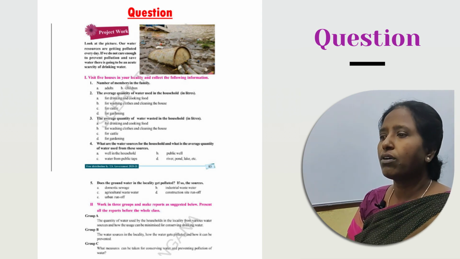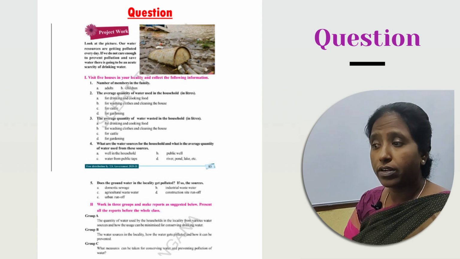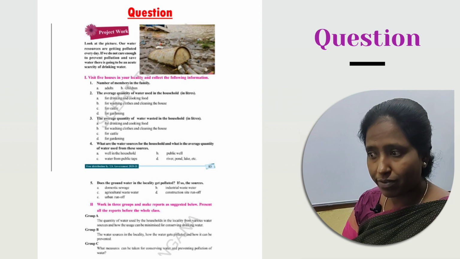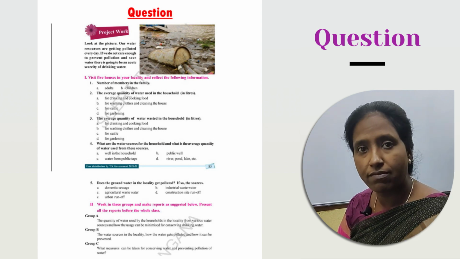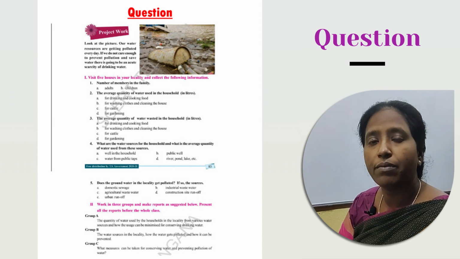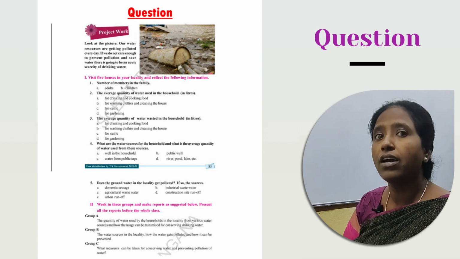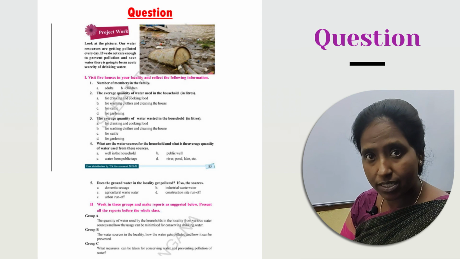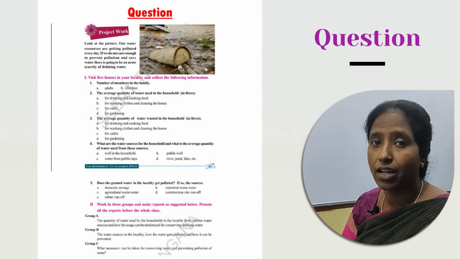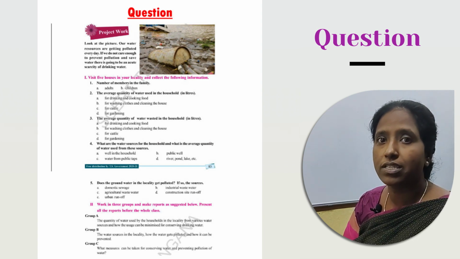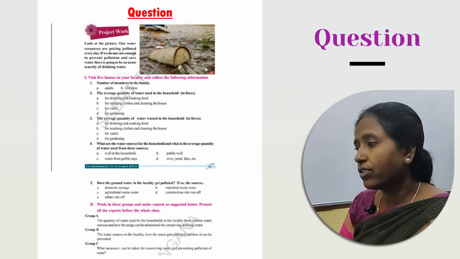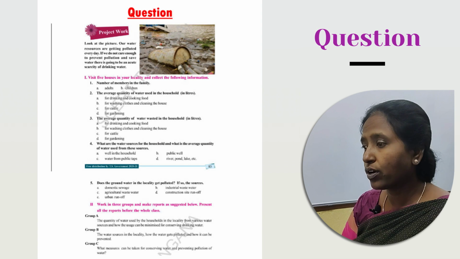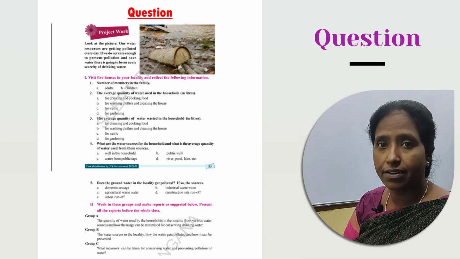Next we need to ask, if the groundwater is polluted, how it is polluted. Is it because of domestic sewage? Domestic sewage means the drainage water from the household area. Industrial wastewater: if there are any industries existing, whether they are allowing the wastewater to mix in the water source. Then agricultural wastewater or construction site runoff.